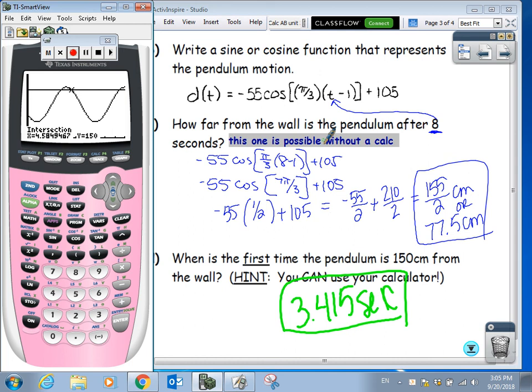It needs its own parentheses, because if not, what happens is it finds the cosine of pi over 3, which is 1/2, and then it takes 1/2 and would multiply it, like this one would multiply 1/2 times 7, and then we get 7 over 2 right here. And then it would multiply 7 over 2 times negative 55. And so that's why order of operations and all those parentheses are very important. The calculator follows order of operations. So if you don't set up your parentheses correctly, it won't give you the correct answer.